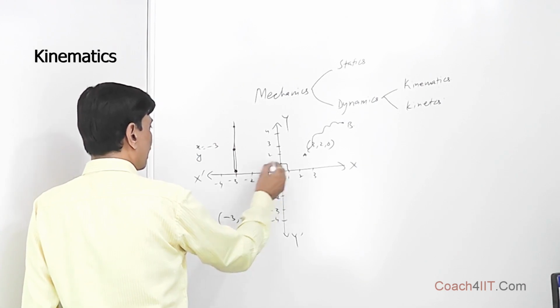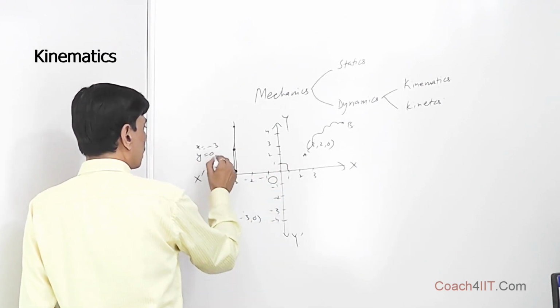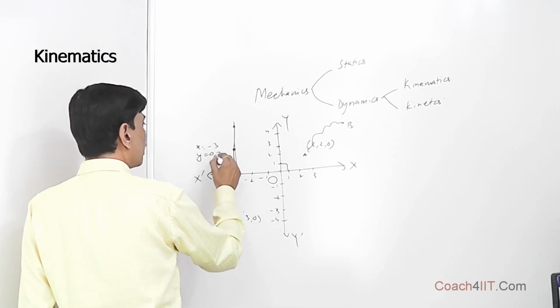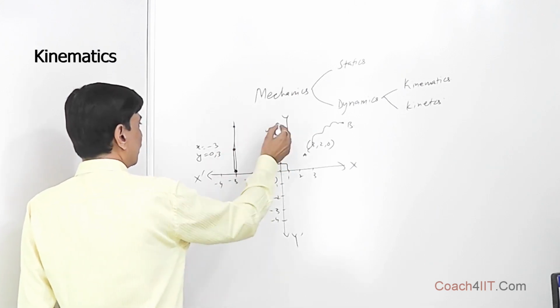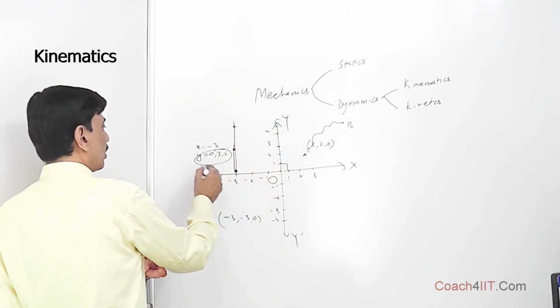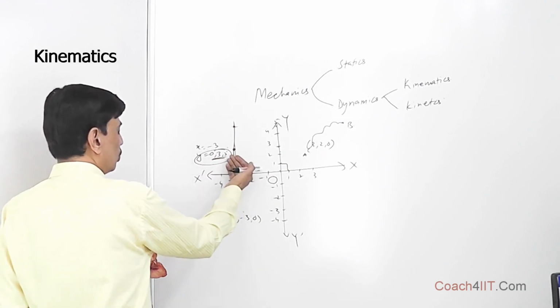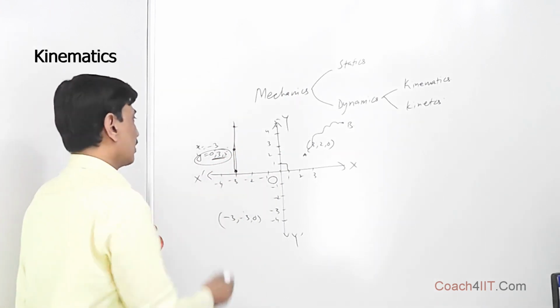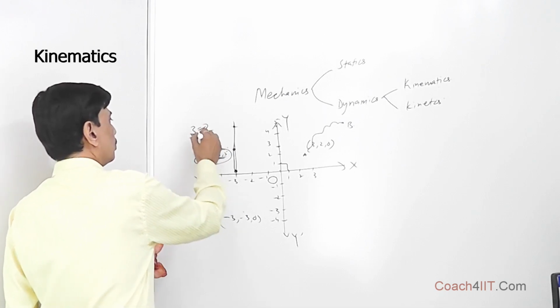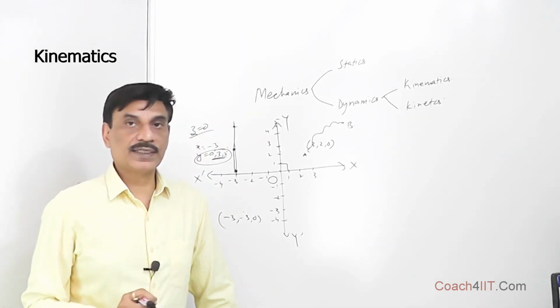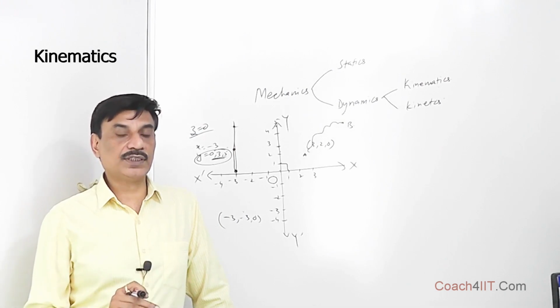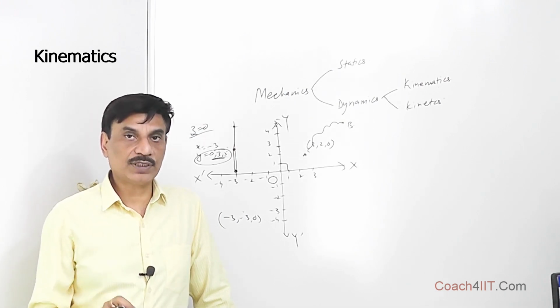Over here, it is 0. Then when it comes over here, it is 3. When it comes over here, let's say it comes out to be 5. So the Y coordinate is changing, and Z is not moving up or down this surface, so the Z coordinate remains 0 only. So out of three coordinates, only one of the coordinates, that is Y, is changing. We say motion in one dimension.